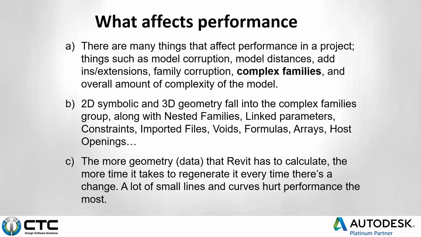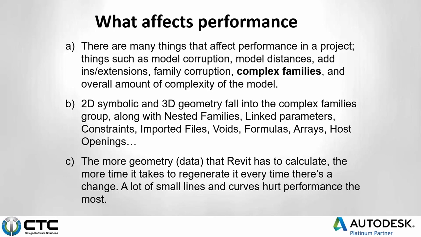Model corruption is well known in our experience because I'm on the support team, and we have a lot of projects that come our way. I don't know if you're familiar with this or you've heard this before: too many missing elements. Most of the time this error happens because of corrupt families, and that makes the model corrupted as well.